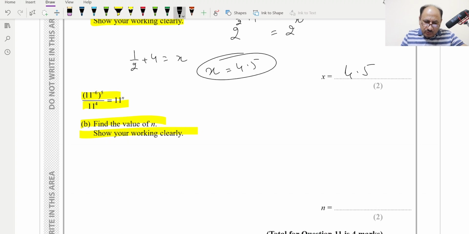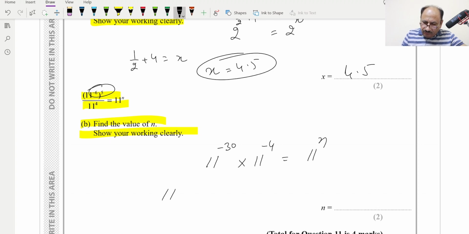Algebraic working we have to show. So this will be 11 raised to the power minus 6 into 5 will be minus 30, and we can write 11 raised to the power minus 4 is equal to 11 raised to the power n.